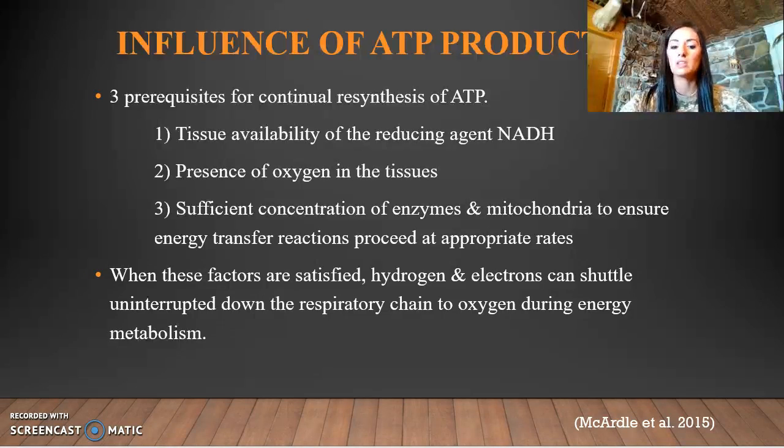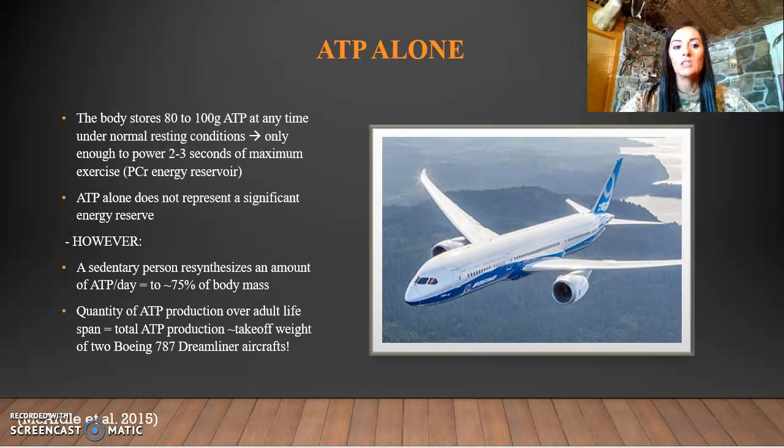When these 3 factors are satisfied, hydrogen and electrons can shuttle uninterrupted down the respiratory chain to oxygen during metabolism. As for ATP alone, the body stores 80 to 100 grams of ATP at any one time under normal resting conditions, but this is only enough to power 2 to 3 seconds of maximum exercise.